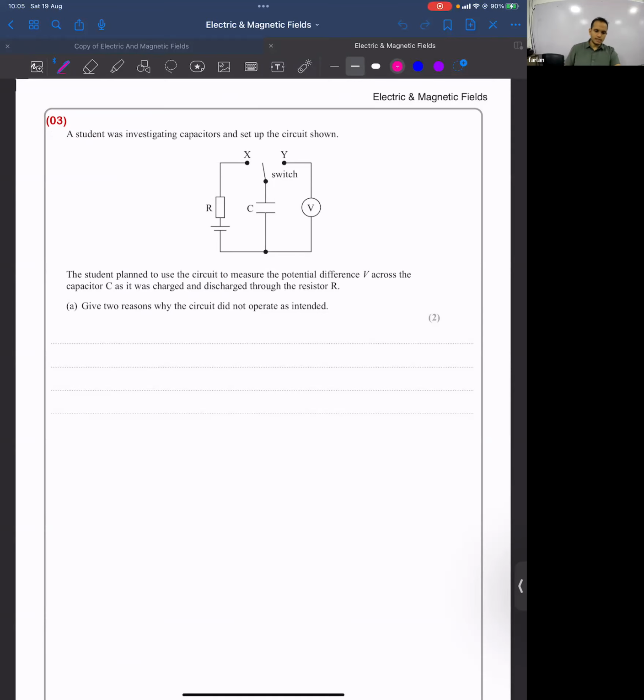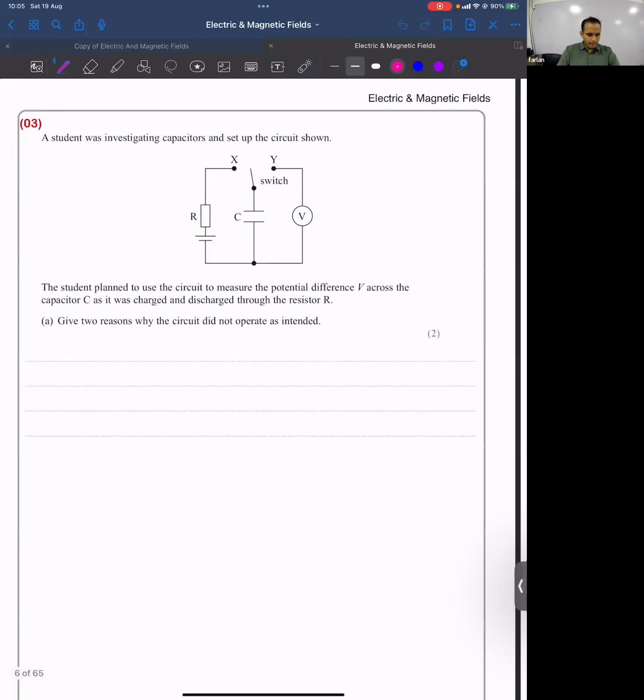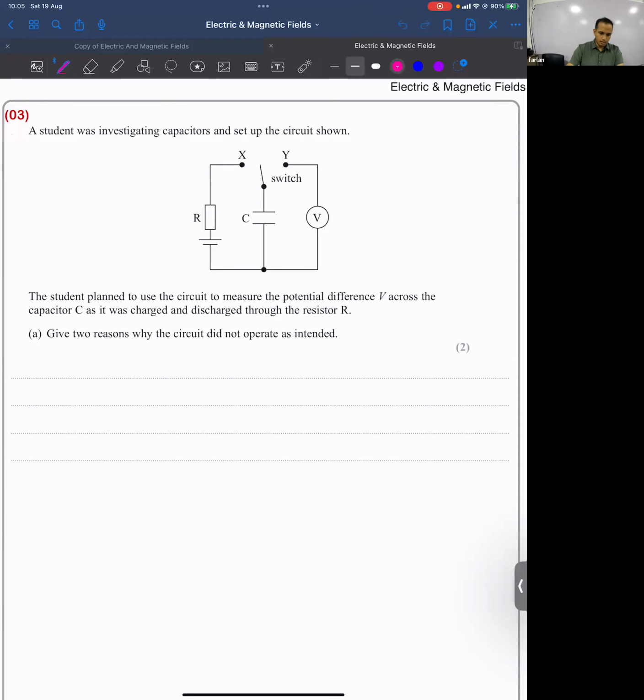A student was investigating capacitors and set up the circuit shown. The student planned to use a circuit to measure the PD V across the capacitor C as it was charged and discharged through the resistor R. Now his plan is to measure the potential difference across the capacitor when it is charging and when it is discharging through the resistor R.